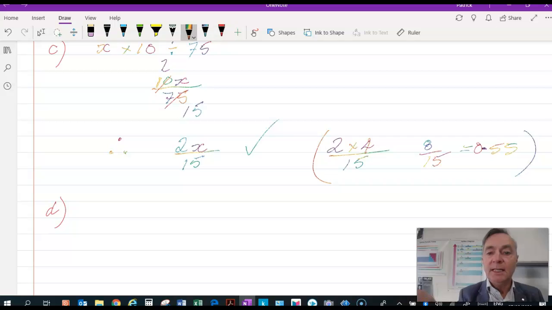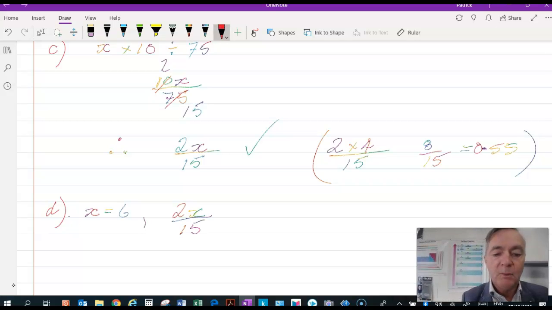So we've got x equals 6. Substitute that into our 2x over 15. And this is part 1.